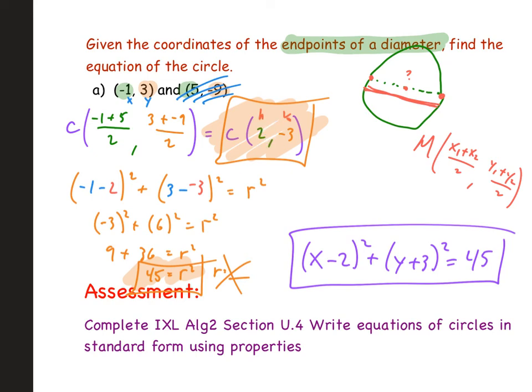Once you have your center, use it and one of the other points, it doesn't matter which one, whichever you feel is easier. Plug that into the circle equation. Use those 4 numbers to solve for r squared. Once you have r squared and the center, you can plug them into the circle equation. So, a little bit more work, but in the end, not too bad.